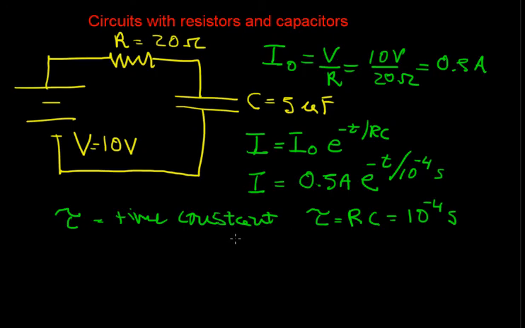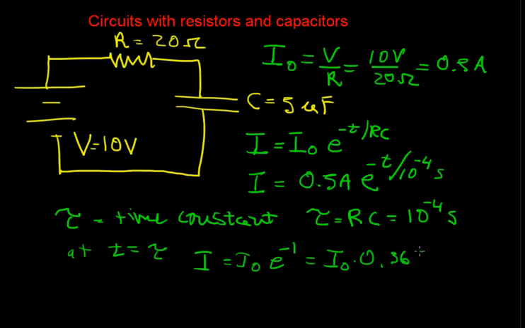And we say in one time constant, at t equals tau, the current is I naught times e to the minus 1, because it's e to the minus RC over RC. And so it turns out that's equal to I naught times 0.368. That's what 1 over e, or e to the minus 1, is.